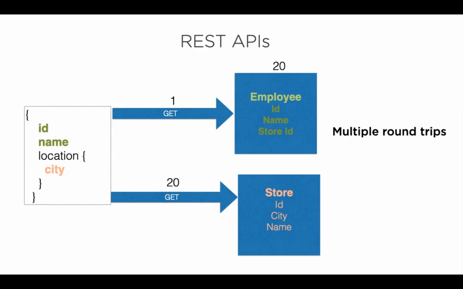Further, it will get all the attributes of the entities even though we may not need them all. For instance, we do not need the store ID from the employee entity and the ID and name attribute from the store entity, but these will be fetched regardless, leading to overfetching and a larger response size.